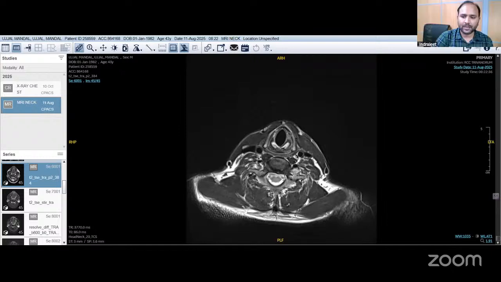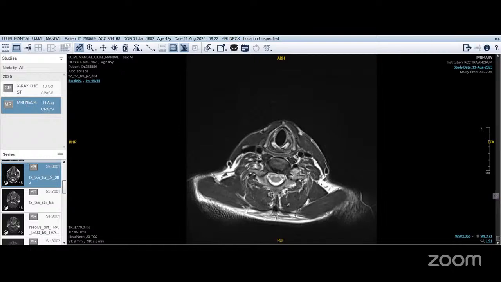I'll counsel the patient that surgery is required for your condition, and there are certain complications related to the surgery, which will include facial nerve palsy, which may be temporary or permanent. When you are talking about the surgery, you should not mention the complications immediately.